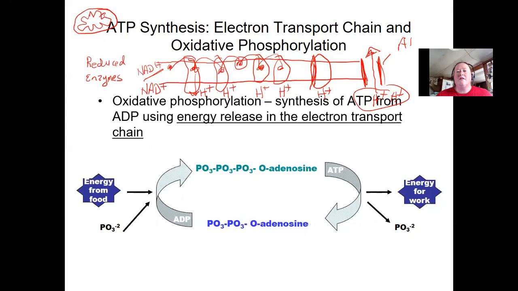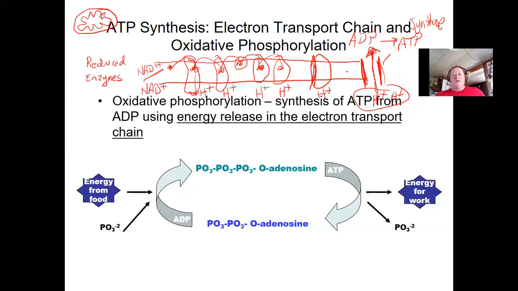This is ATP synthase. It is a channel protein that spans the entire inner membrane, and we get our electrons bouncing. They're pushing out hydrogen ions. The hydrogen ions are building up, and they start to go through the membrane, and it's almost like a paddle wheel. They are providing energy to take ADP and turn it into ATP.